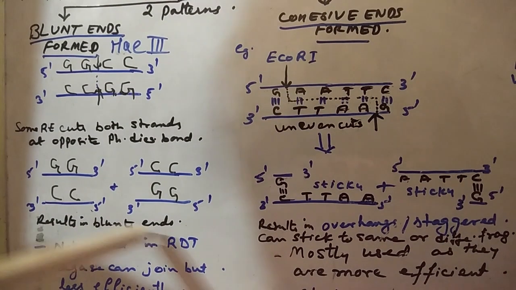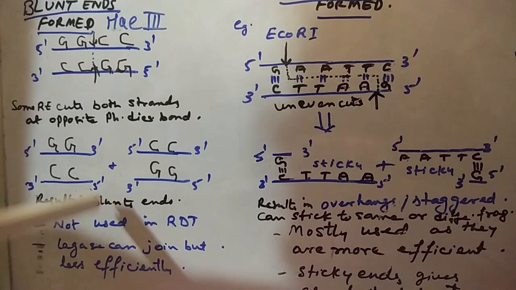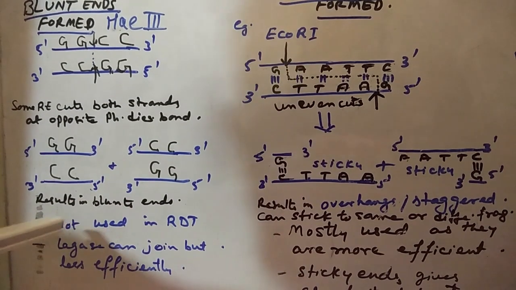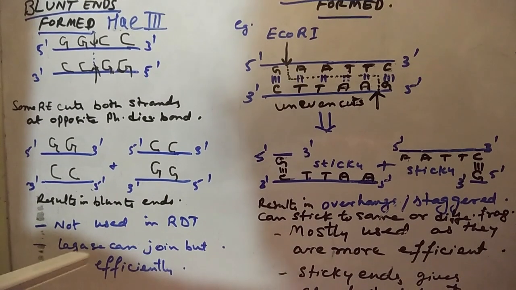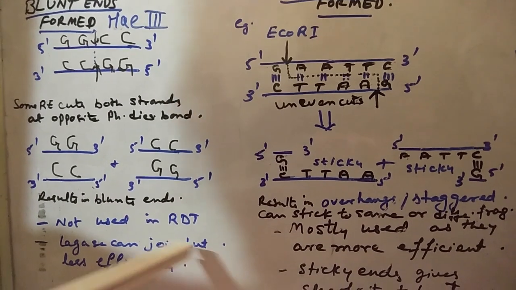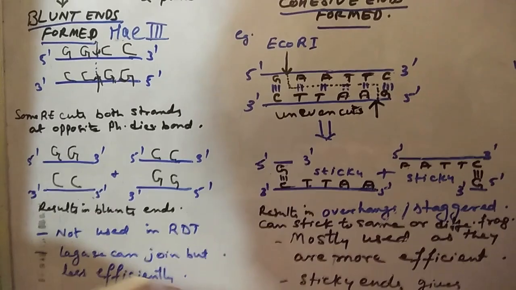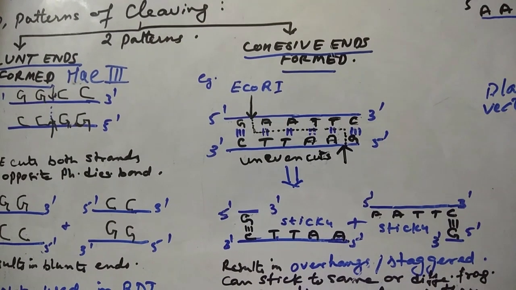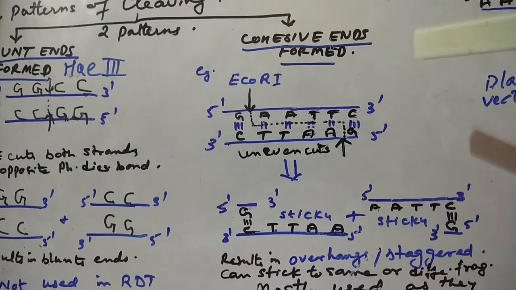That results in blunt ends. But blunt ends, though they look very clean, are not used much in rDNA technology, recombinant DNA technology, because though ligase can join them with the insert, they are very less efficient. So blunt ends are not much used because they cannot be joined very efficiently.